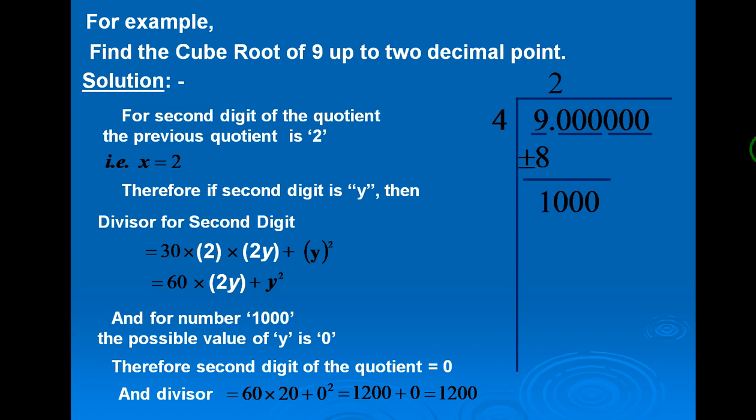So 1200 is the divisor for the new digit 0. 1200 into 0 becomes 0. So subtract it, we get 1000, and bring the next group of 3 zeros down. We get the new number 1000000.